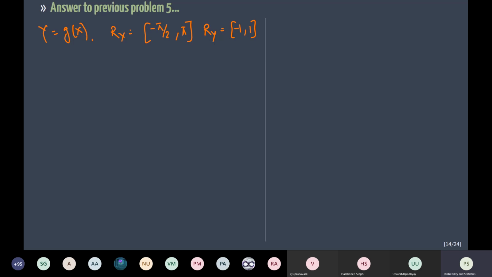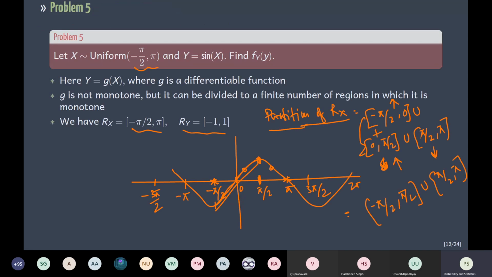So what we have to do now is, what will be the partition of the ranges, right? We have partitioned the range of x, but what are the partitions for the ranges of y? It's minus 1 to 0, and then 0 to 1 are the partitions for y, actually.